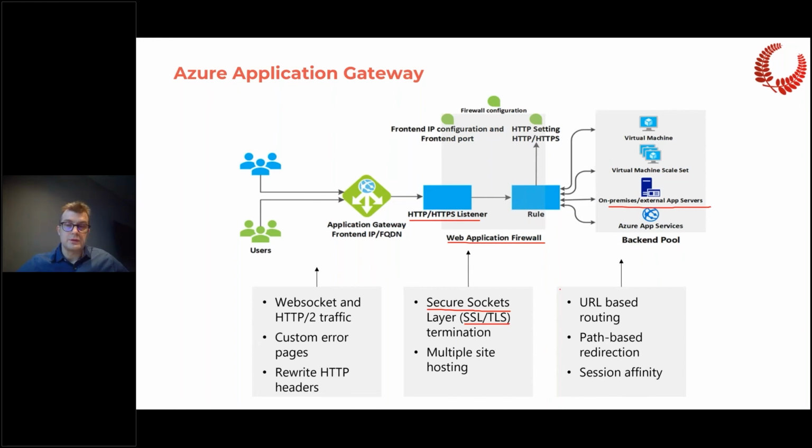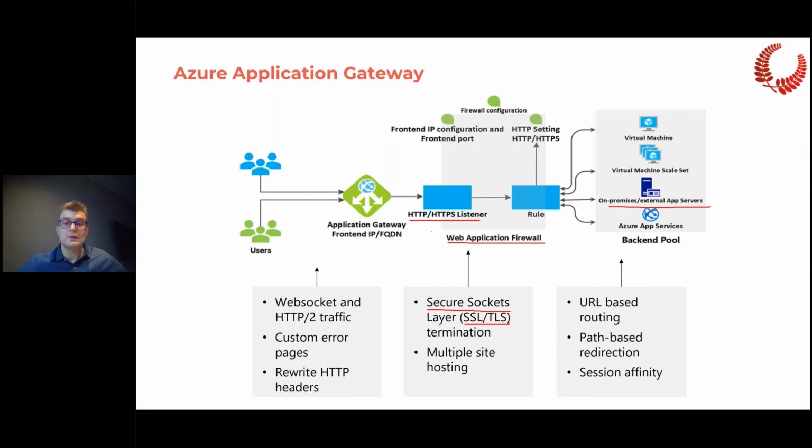It also has some other very nice things like URL-based or path-based redirection, session affinity, and so on. This is especially effective if we have sessions running in the background. If we have disconnected users, then they can effectively connect to the same endpoint.